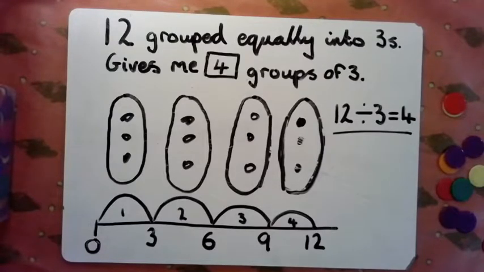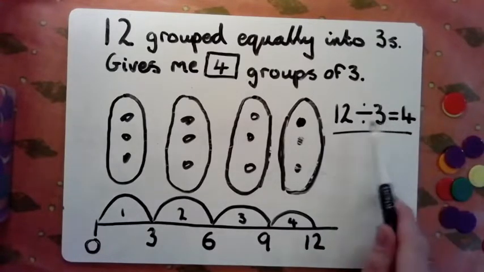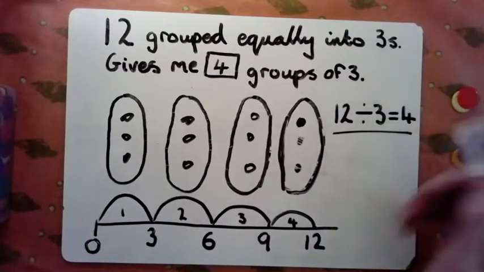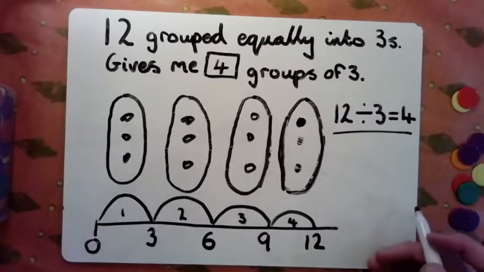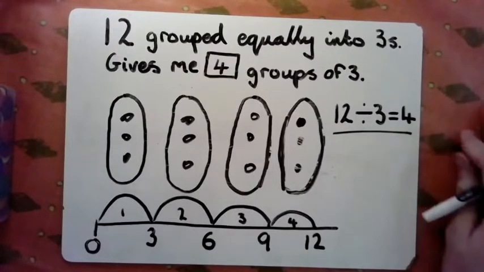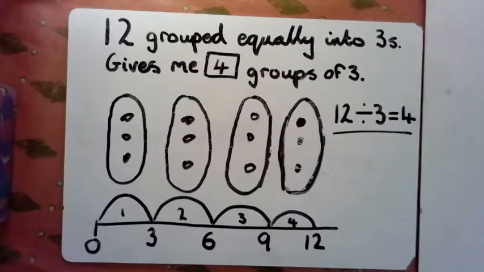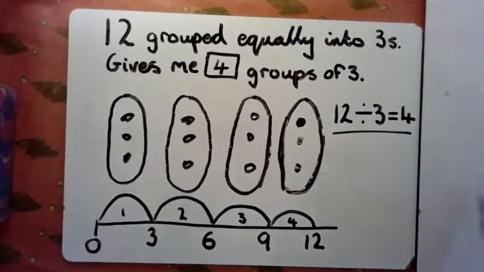Now, something we haven't done here, because 3s are quite a nice easy one to do, is we haven't written something down the side to help us. The thing we can write down the side to help us is our 3 times table.